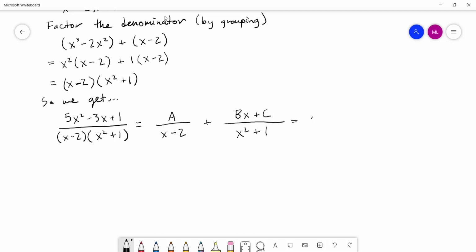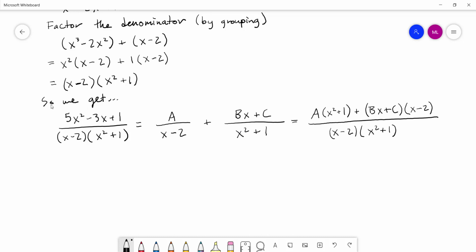And I would get a times x squared plus 1 plus bx plus c times x minus 2 over x minus 2 times x squared plus 1. So again, all I've done is multiply this term top and bottom by this denominator, and this term top and bottom by this denominator, to get a common denominator.